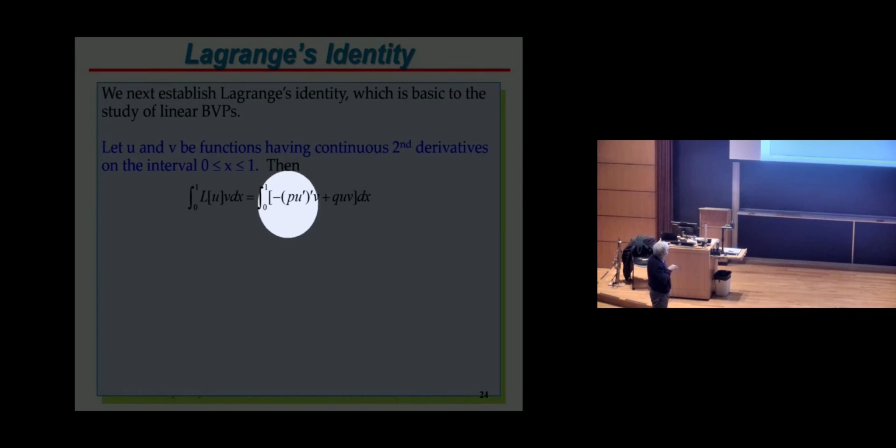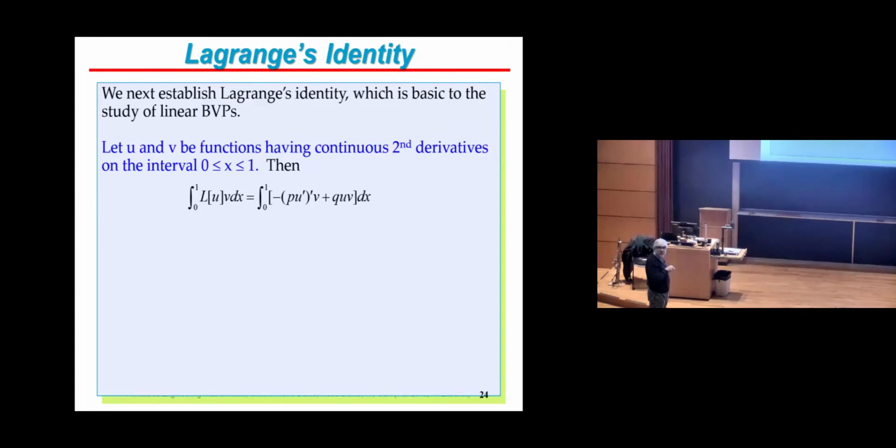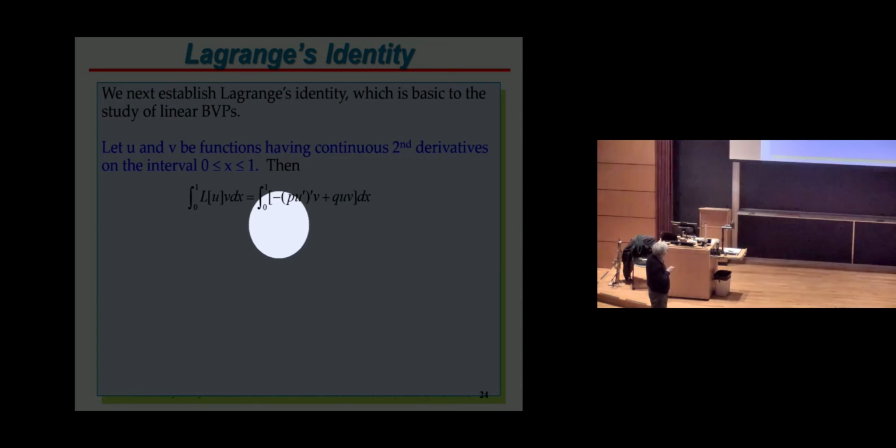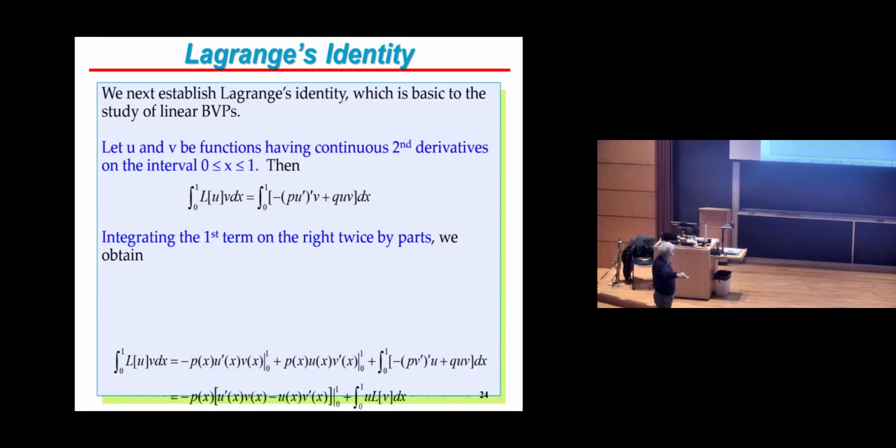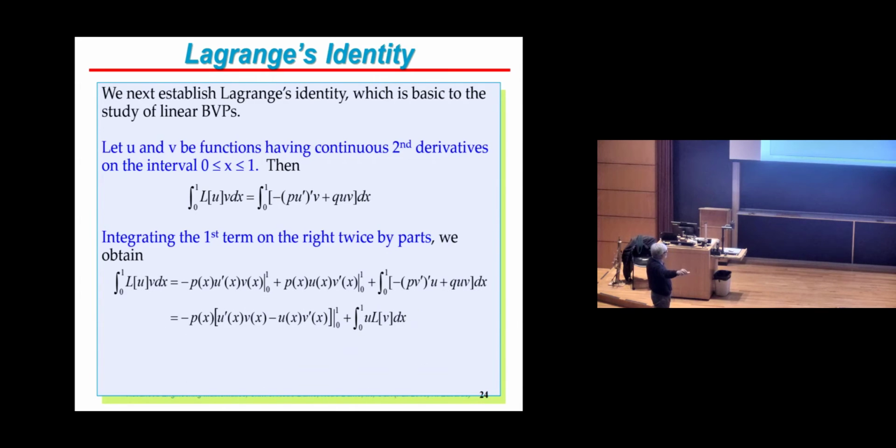When you integrate the first time, you will get p u prime, v prime. When you integrate once more, you're going to get p v prime prime times u. Yep. Integrate twice by parts. You should do it because it builds character.